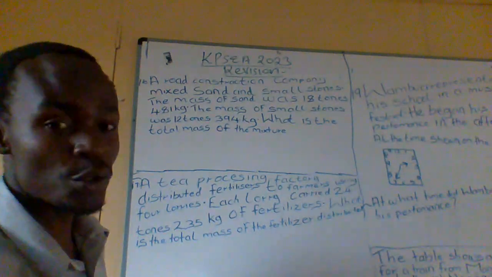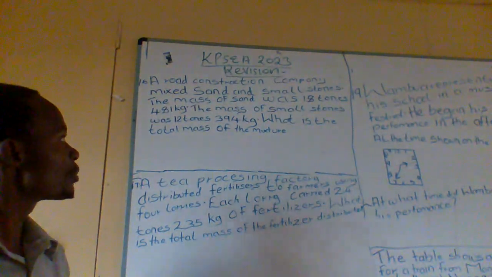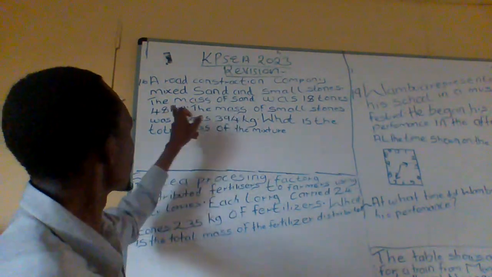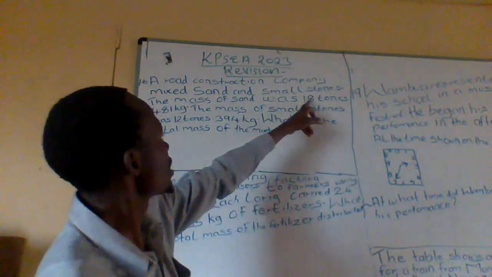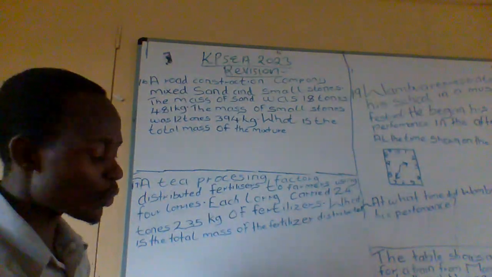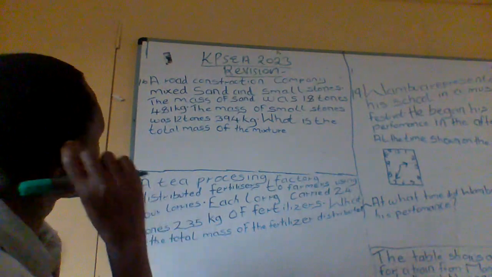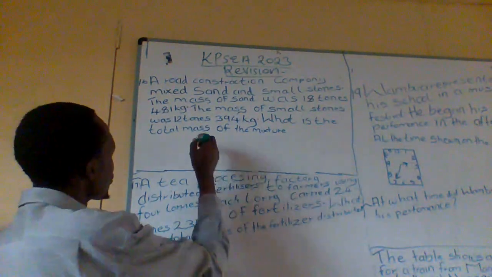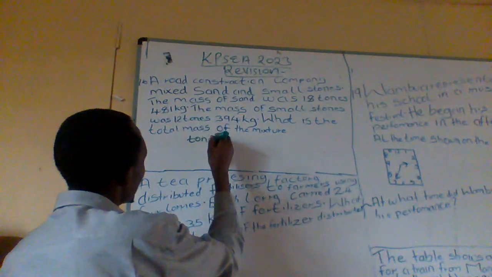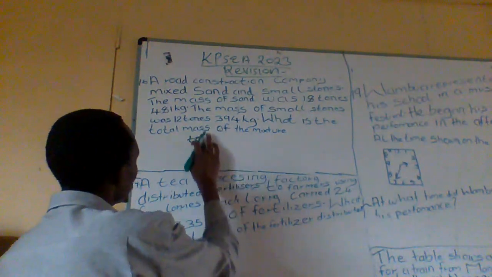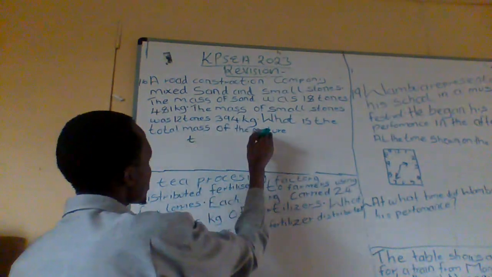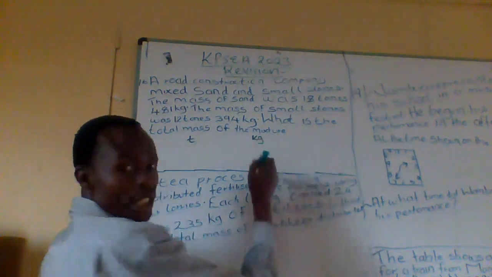They are asking about the total mass of the mixture. But now the problem here is that we have tons and we have kilograms. So you as a learner, what you are supposed to do is to ensure you arrange those that are in tons to appear on one side, and then we can just use T, and then we use the other side for kilograms.